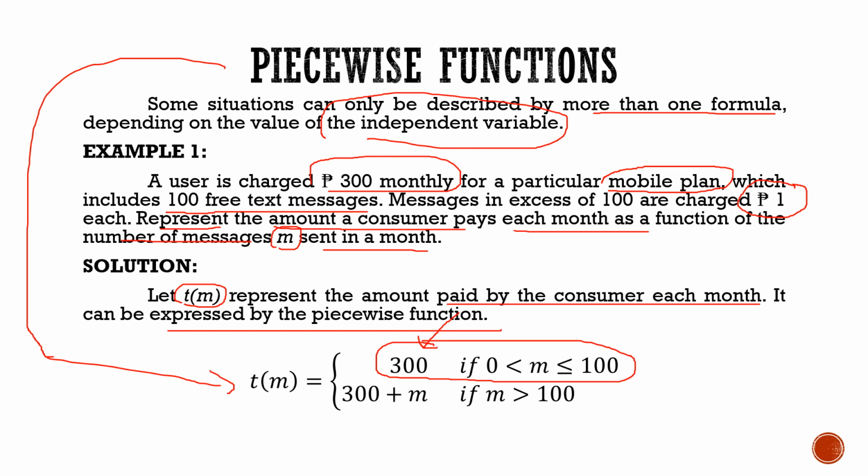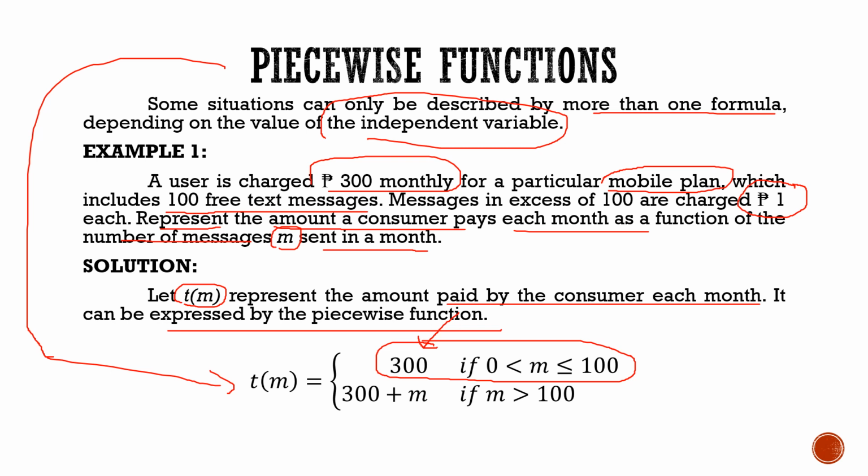Meaning to say, the user will still pay 300 pesos for his monthly mobile plan because there is no excess with his text messages. It can be a maximum of up to 100 text messages because that's one of the inclusions in his or her mobile plan.